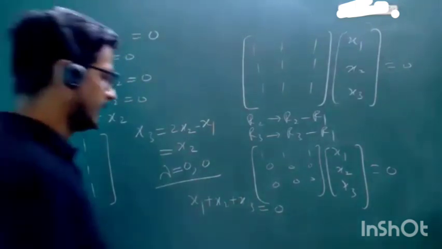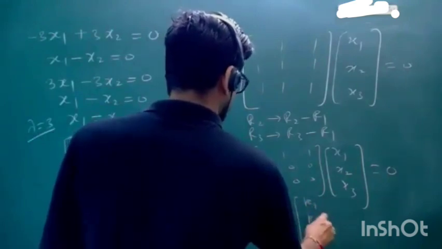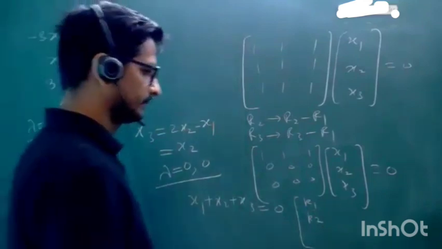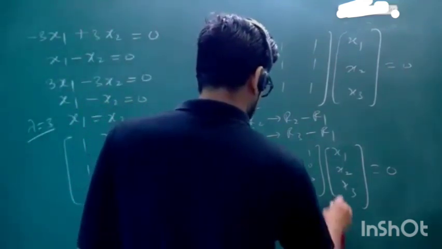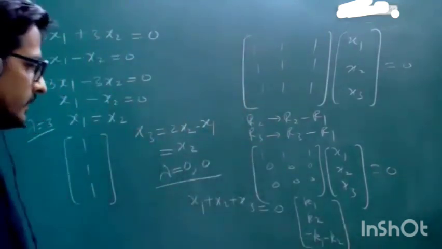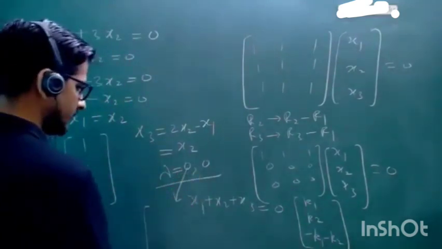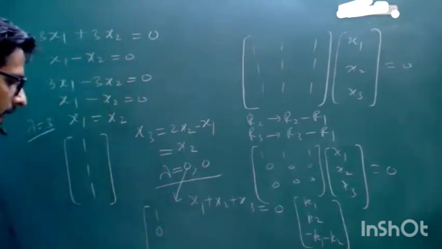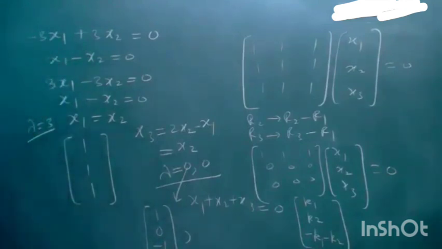And you know how to write the eigenvectors for this. So if x1 is k1, x2 is k2, then x3 will be what? Minus k1 minus k2, correct? So one eigenvector corresponding to 0 I can write 1, 0 and minus 1, linearly independent.